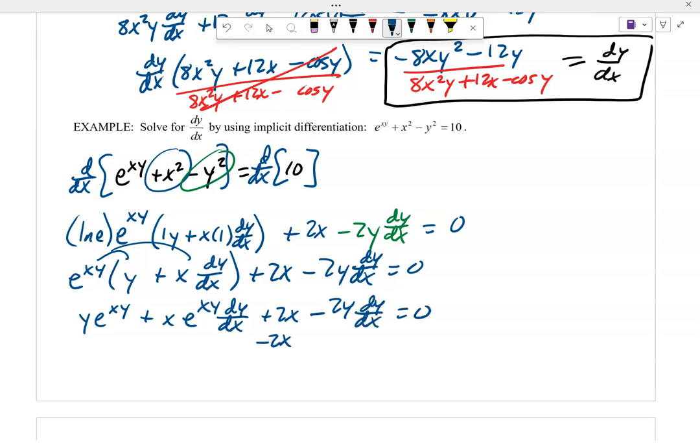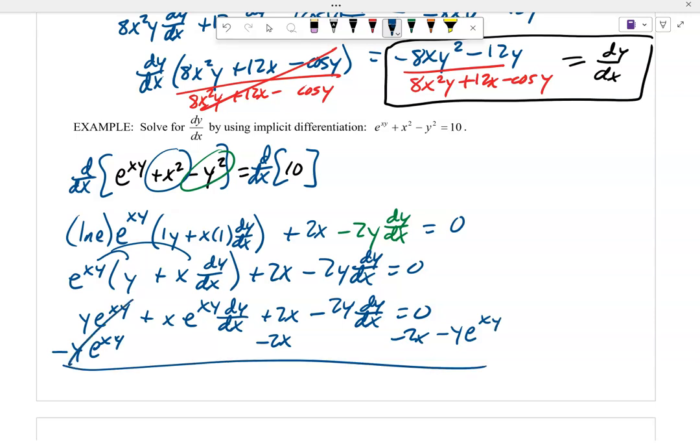And take that 2x over, take that minus y e to the xy over. And I'm also going to go ahead and take out a dy/dx from what I'm left with.